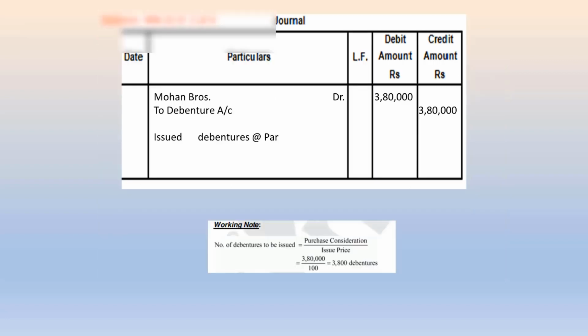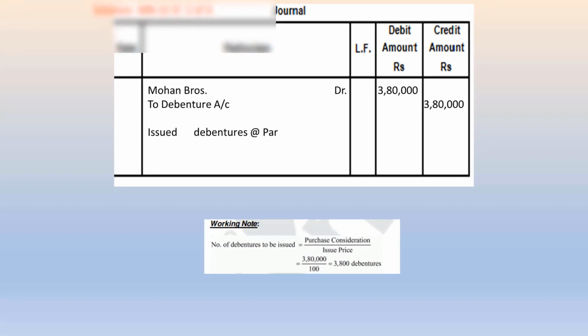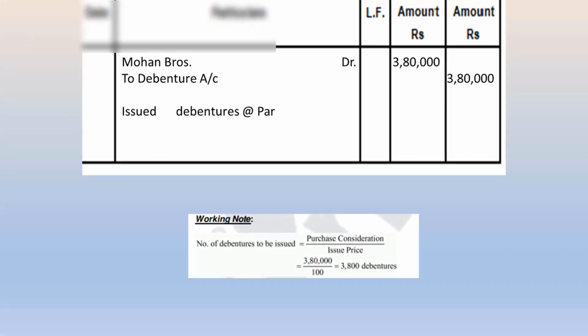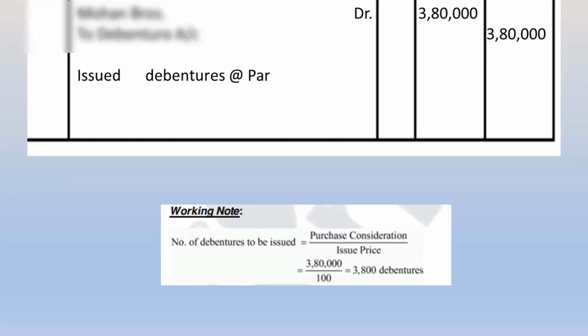In the discharge stage, we examine all three situations of issue. Issue at par, issue at premium, and issue at discount.